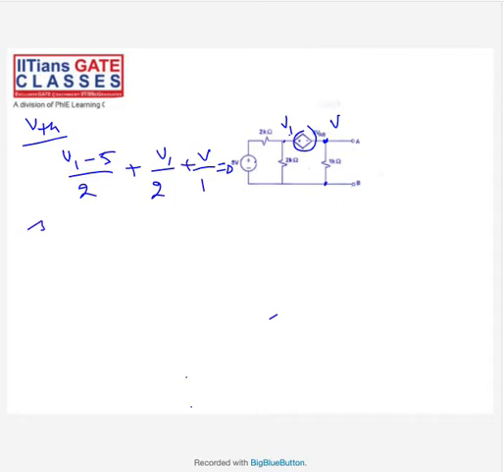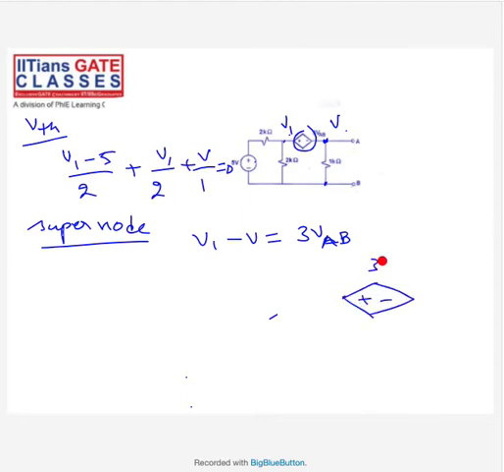Now tell me the supernode equation. The supernode equation will be V1 minus V is equal to 3VAB. Understood how I write this? Let me explain it.